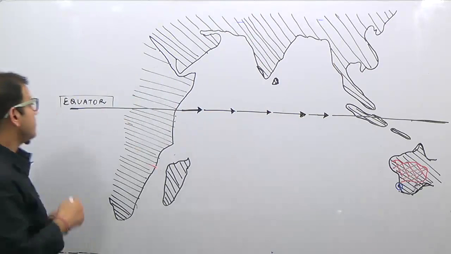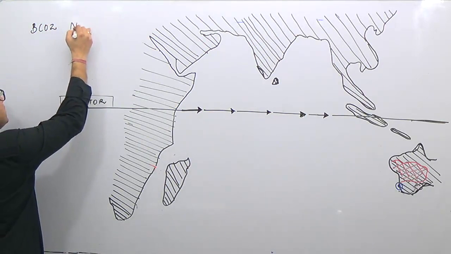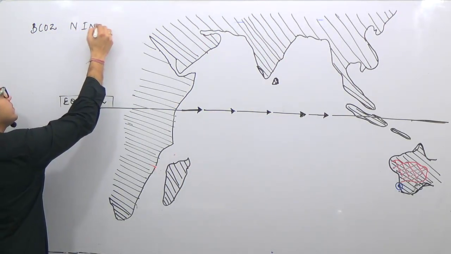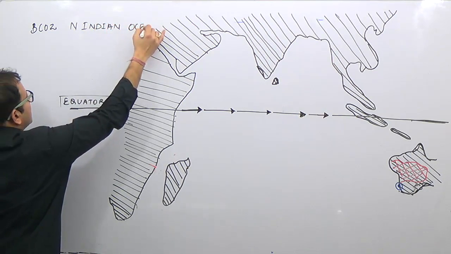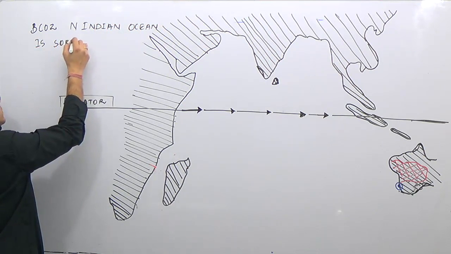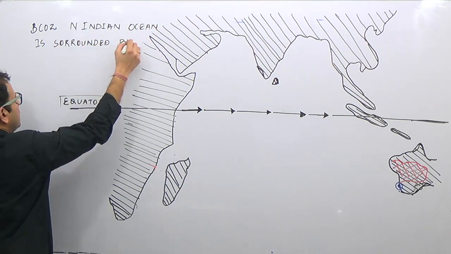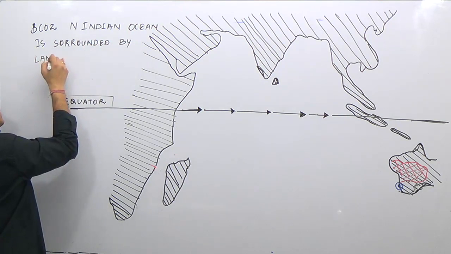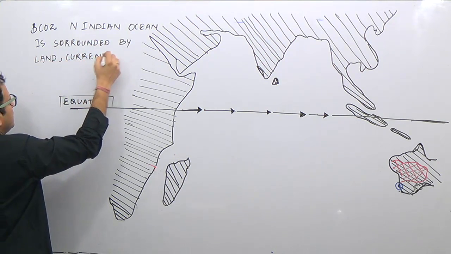So remember, the northern part of the Indian Ocean is surrounded by land, so the current system is not well developed.